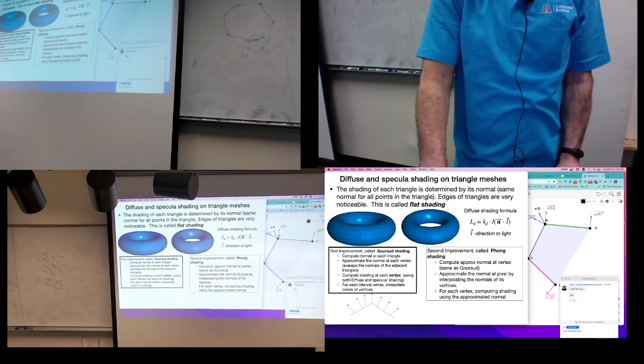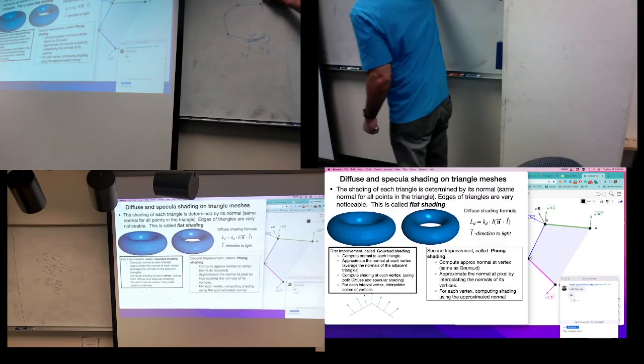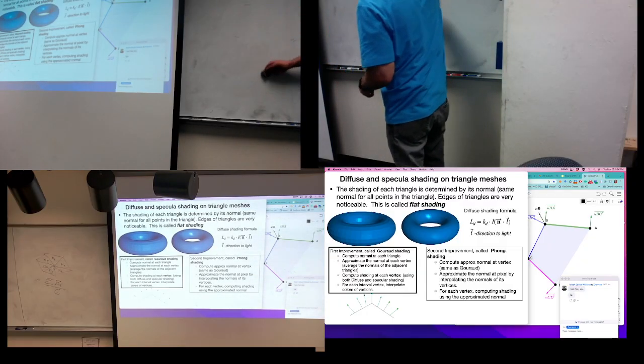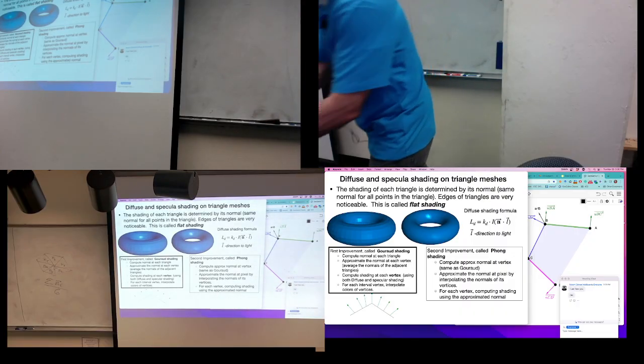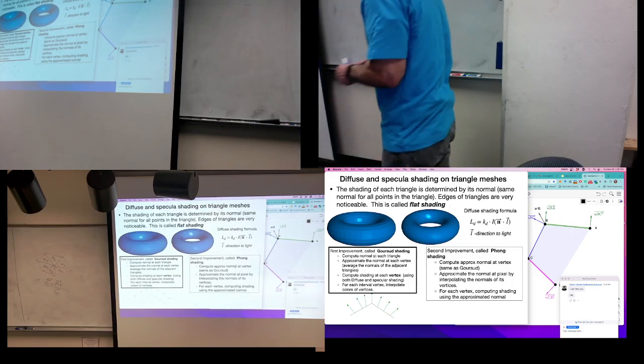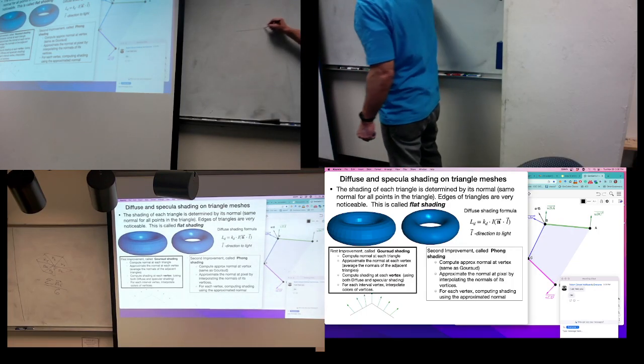But you can do better than this. Especially, let's think about a big triangle, and let's think about specular shading. I can definitely do the specular shading in the same way by faking the normals, but for specular shading, there is also the viewer.